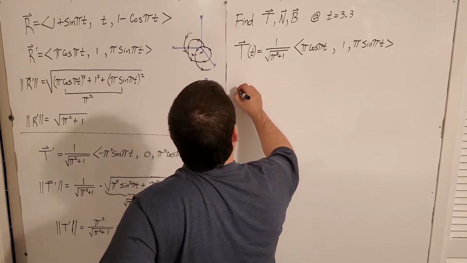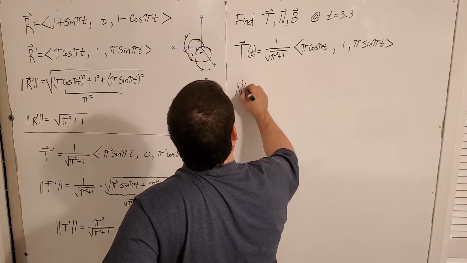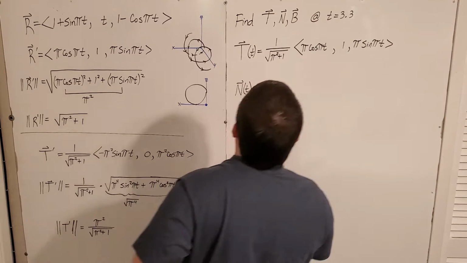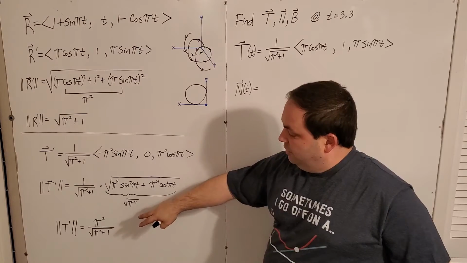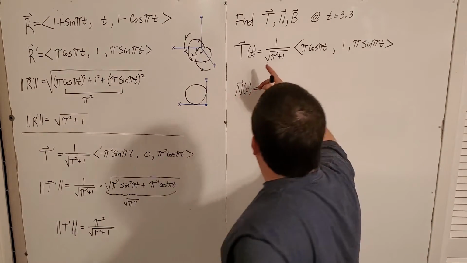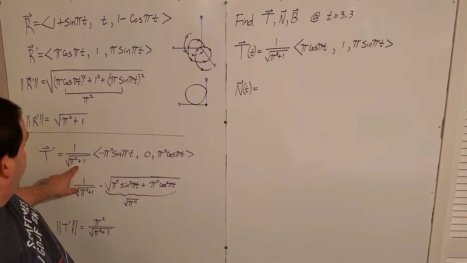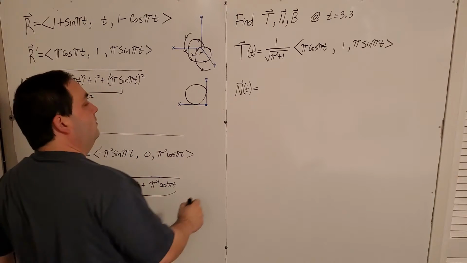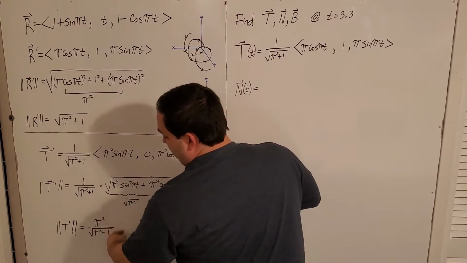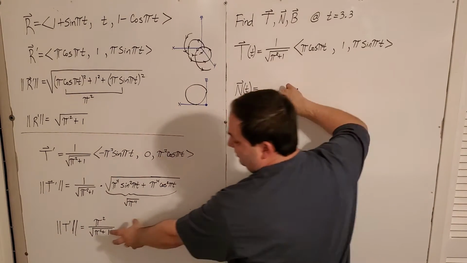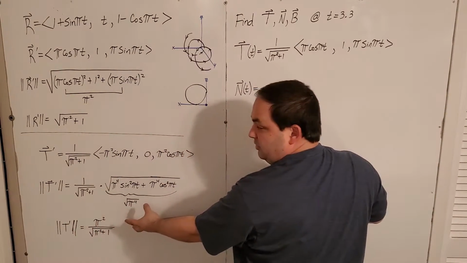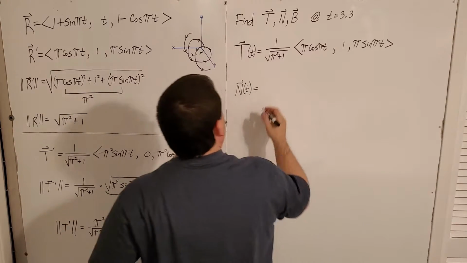So my unit normal vector at any point t is going to be the division of that times the derivative of this. Okay? So to divide by this length, I'm really just going to multiply by the reciprocal.